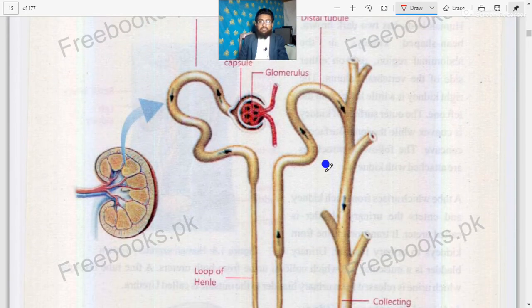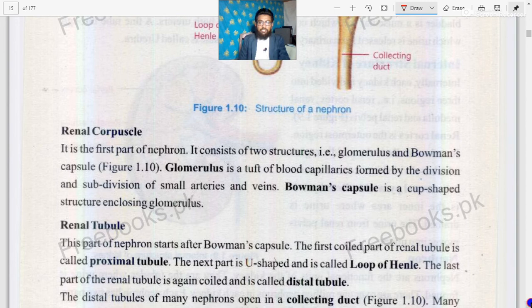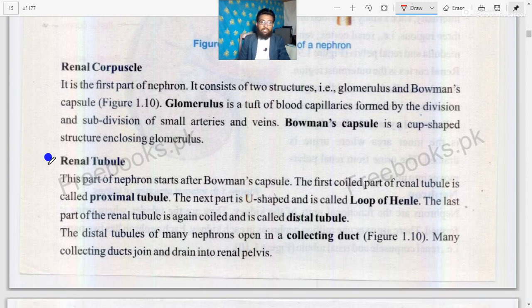here we can see a diagram of the nephron, which we will discuss. First of all, we are going to study the first part of the nephron, which is the renal corpuscle. Dear cadets, it is the first part of the nephron.